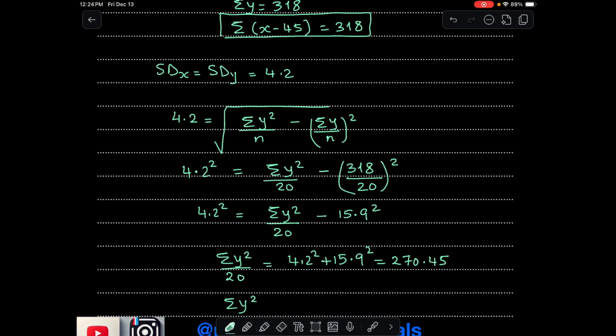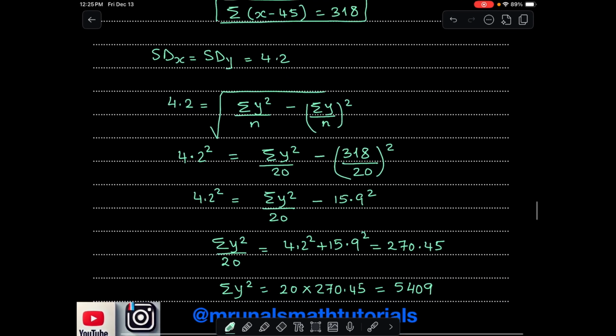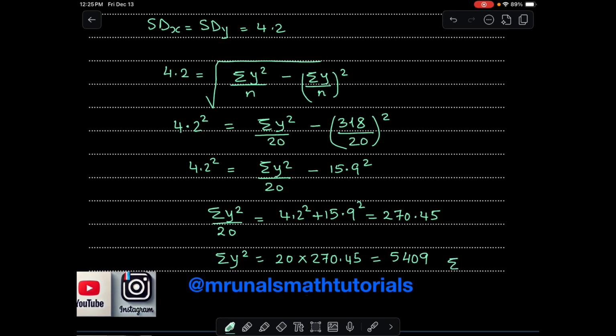So sum of y square is going to be 20 times, you just cross multiply, 20 times 270.45, which is equal to 5,409. So we can say that sum of x minus 45 bracket square is equal to 5,409.